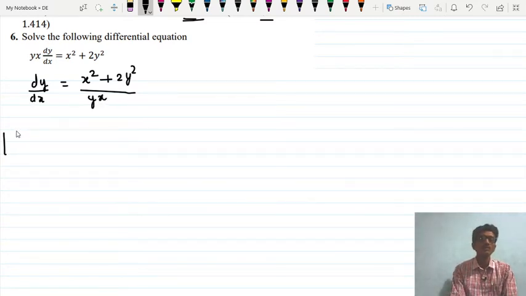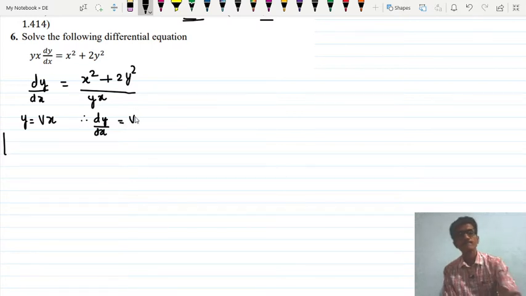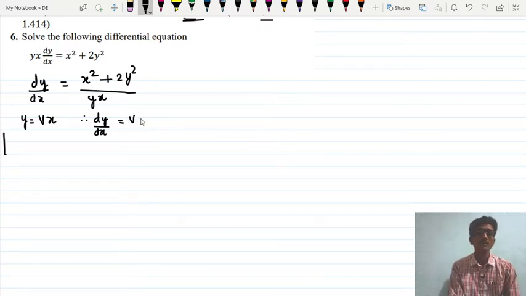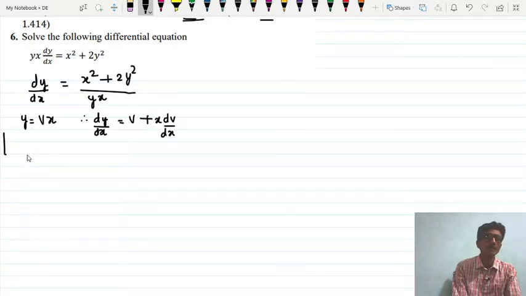So to solve this homogeneous differential equation, we put what? y is equal to vx, and therefore dy by dx equal to what? dy by dx will be v plus x into dv by dx. Here we write v plus x into dv by dx.